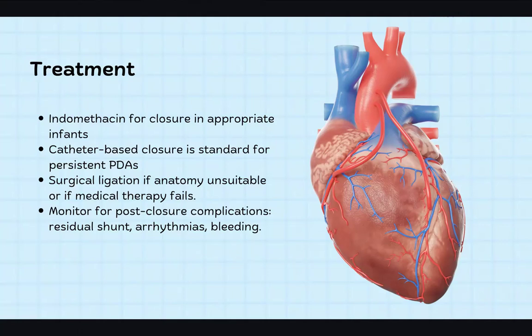If they have a persistent PDA, we can do a catheter-based closure, which is standard. And if the anatomy isn't suitable for that, or any other medical therapy fails, we can do a surgical ligation. For post-closure, we're going to monitor for residual shunting, arrhythmias, bleeding, etc.